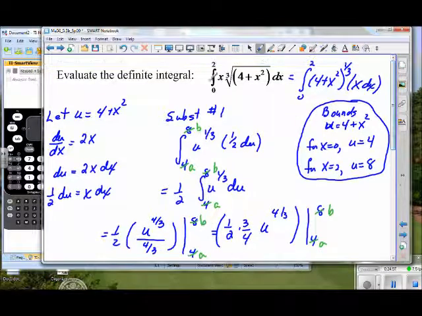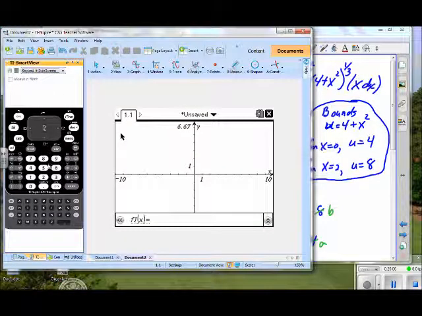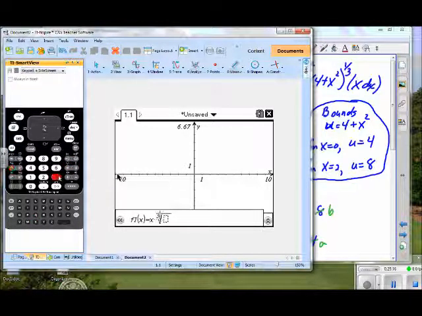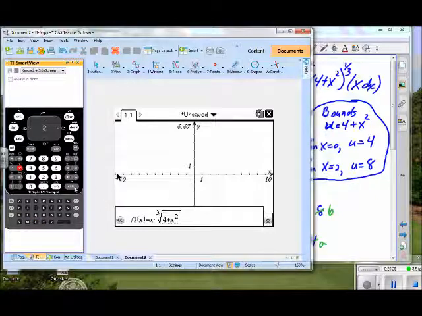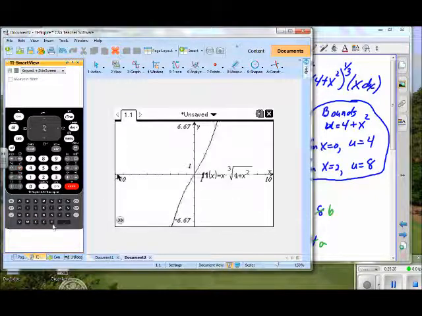What we're looking at, it doesn't tell us to look at the area under the curve, but in fact, if we were to use the area under the curve, we would type in x times the cube root of 4 plus x squared, and we would look for area under the curve.